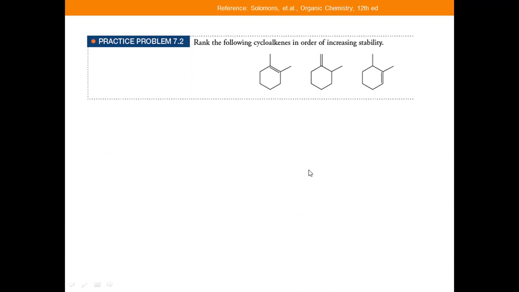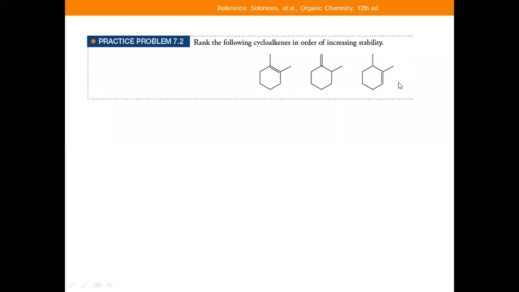The third one, which is di or tri? Di. Are you sure it's disubstituted? Yes, ma'am. Okay, this is your double bond. On this carbon, how many R groups are present? You have 1, this is CH3.